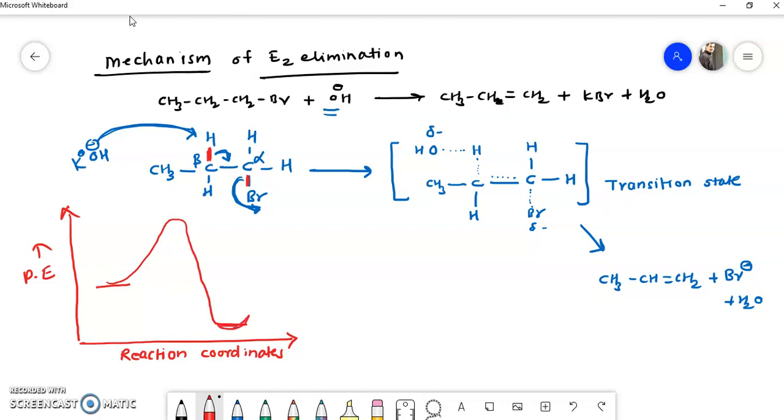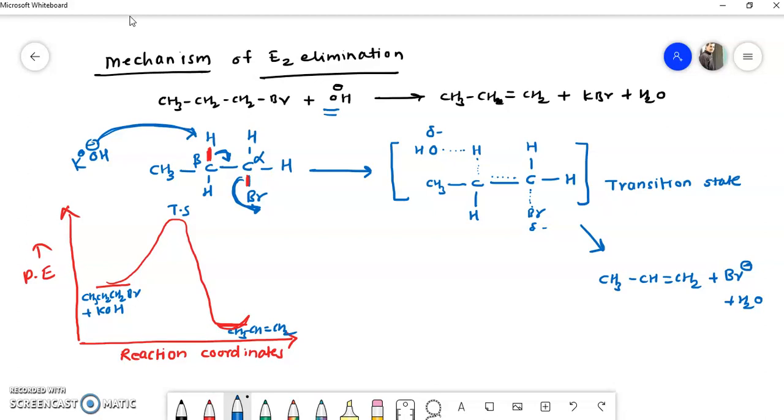Say here is a primary alkyl halide, that means CH3 CH2 CH2Br plus KOH. Here there is a transition state, and here there is a product, that is CH3 CH double bond CH2.